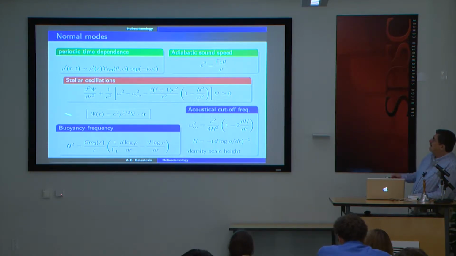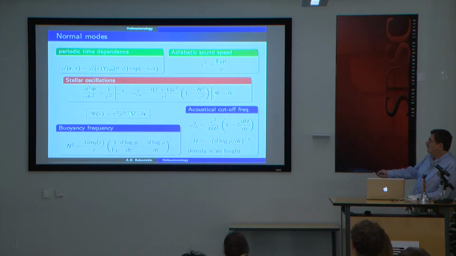Now, if I introduce this quantity, this is the adiabatic sound speed. It's basically the pressure divided by the density, multiplied by that adiabatic exponent. And c squared here represents the speed of sound in the star. Now, if I actually introduce this quantity, I call that psi for reasons that will be clear in a second.